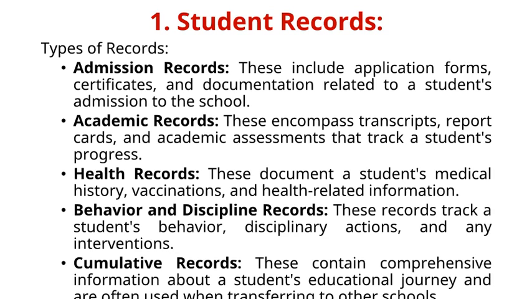Health records: these document a student's medical history, vaccinations, and health-related information. Behavior and discipline records: these records track a student's behavior, disciplinary actions, and any interventions. Cumulative records: these contain comprehensive information about a student's educational journey and are often used when transferring to other schools.